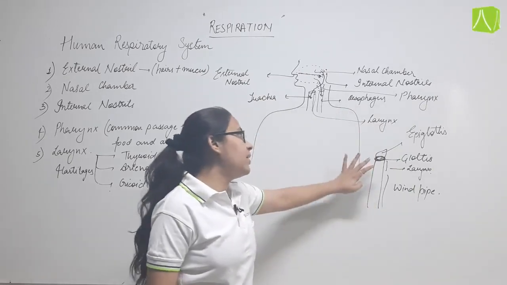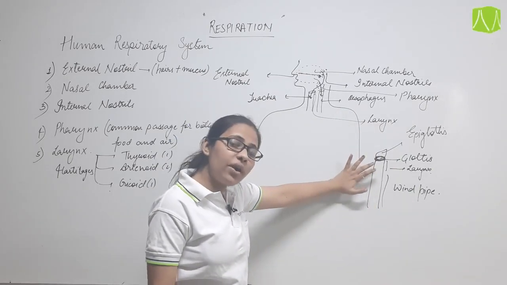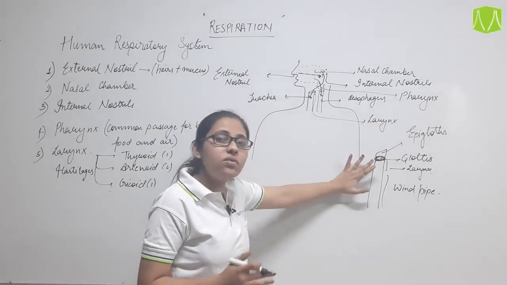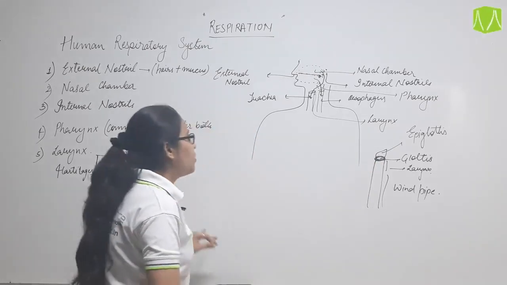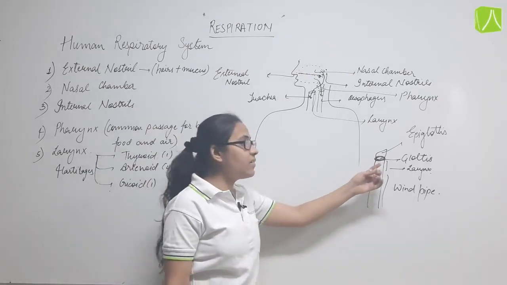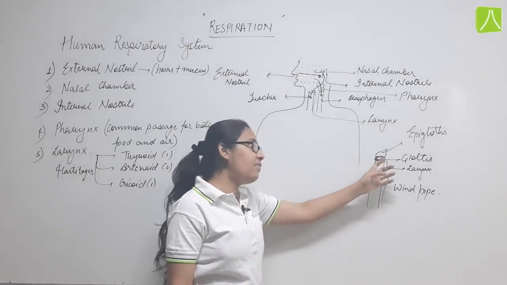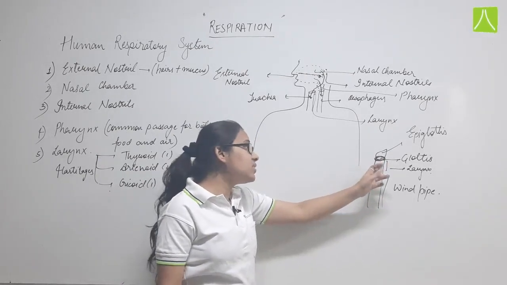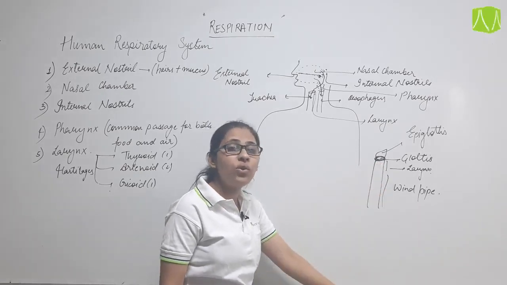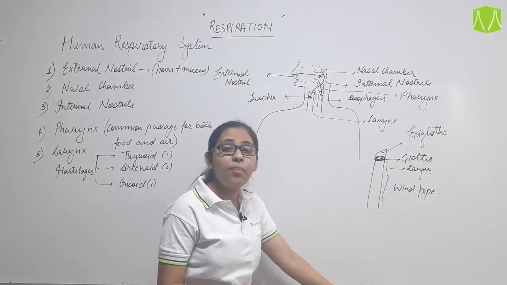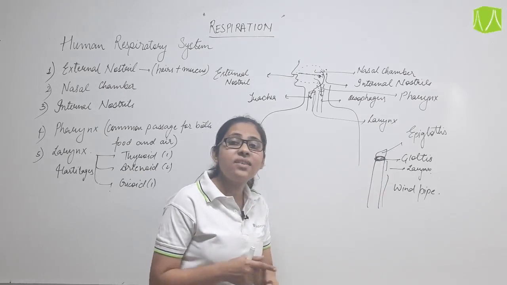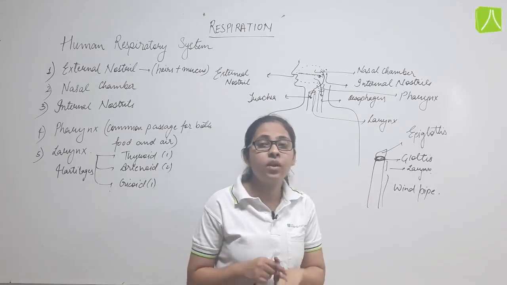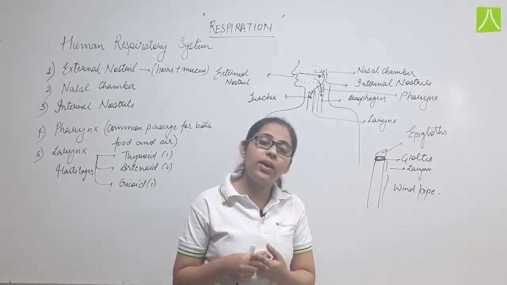Just below is the portion known as the larynx, which is made up of 4 cartilages: thyroid, arytenoid, and cricoid.